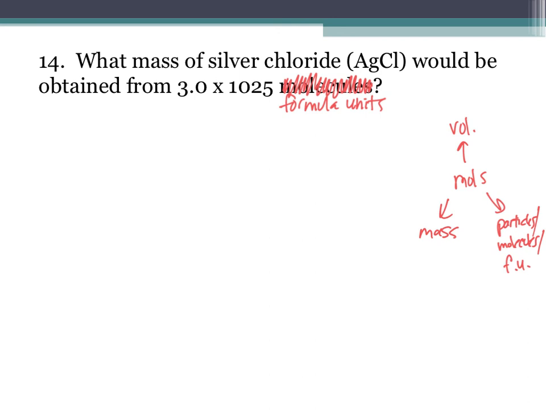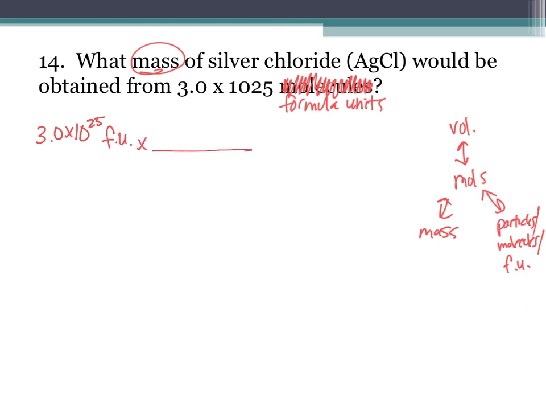So we were given formula units and we need to get to mass. Looking at our pathway, we need to go from formula units to moles, and then moles to mass. These should be double arrows. So always start with what's given to you in the problem: 3.0 times 10 to the 25th formula units.